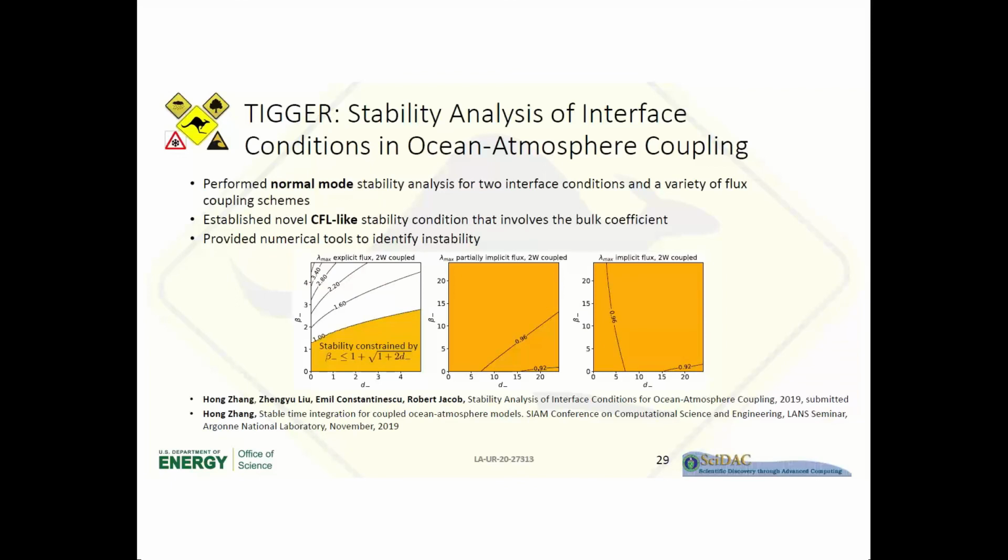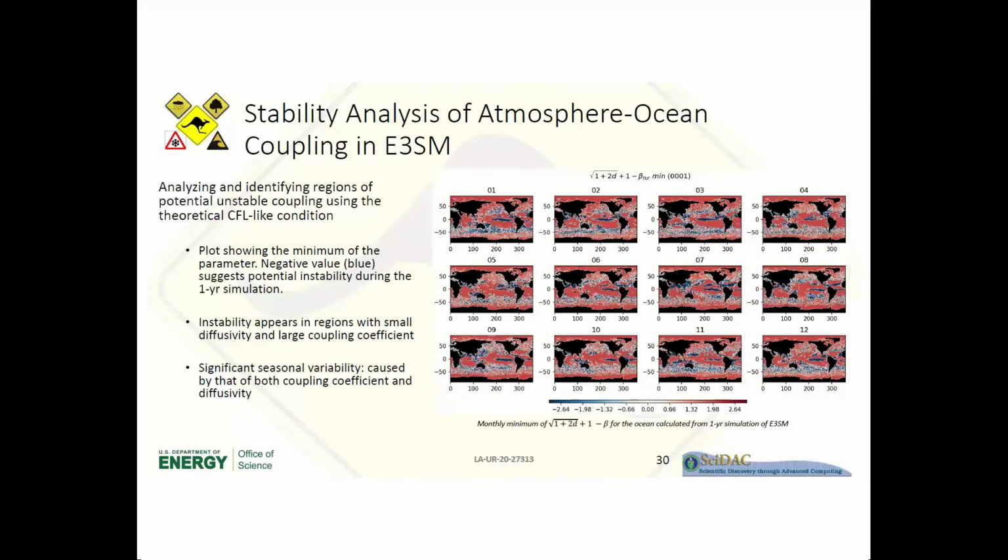But what we've done, if we go to the next slide, is use that simplified stability constraint and explore how often maybe in a real coupled system we're exceeding that constraint. So you can analyze the data in E3SM and look for areas where that particular criterion becomes unstable.